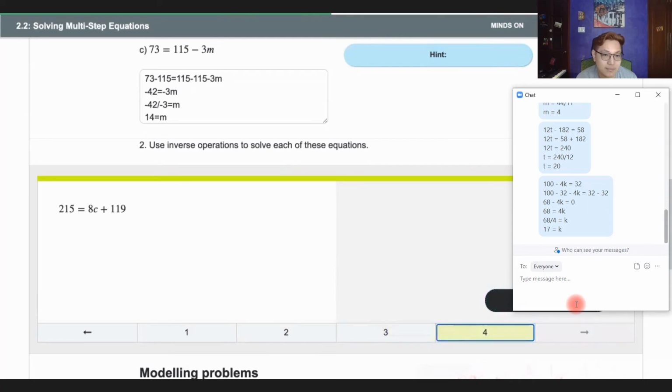The last one is 215. Should not be too difficult.